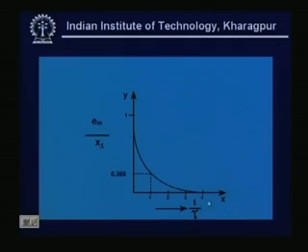If I take the reading after 1 of t by tau, it is totally error. So I should take the reading when t by tau is 4, or when t is 4 seconds, suppose tau is 1.